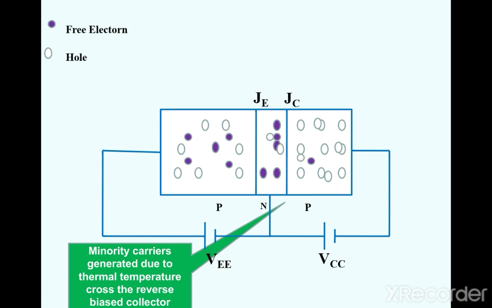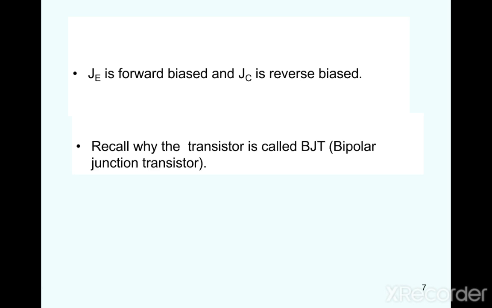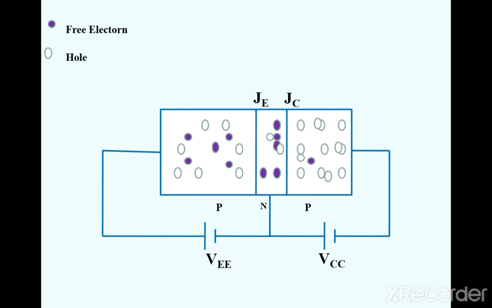Here we connect the base and collector terminals in reverse bias. N is connected to the positive terminal of the battery and the collector P is connected to the negative terminal. In reverse bias only minority current will exist. So JE is forward biased and JC is reverse biased. That is why the transistor is called a BJT: because it contains two junctions, it is called a bipolar junction transistor. Let us see how the hole and electron recombination takes place.